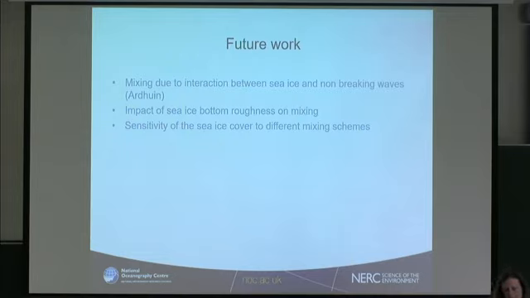So it could be nice to look at why it happens, because in principle mixing schemes should all do the same thing. I think that was most of my ideas and plans, so I can take your questions now.